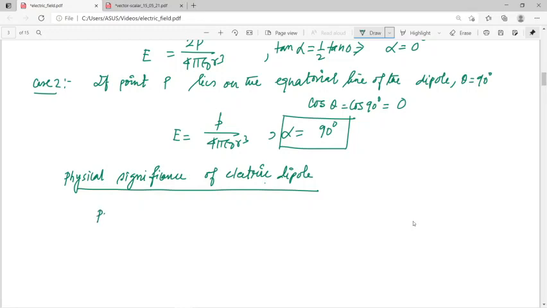So we can divide them into polar molecules and non-polar molecules.